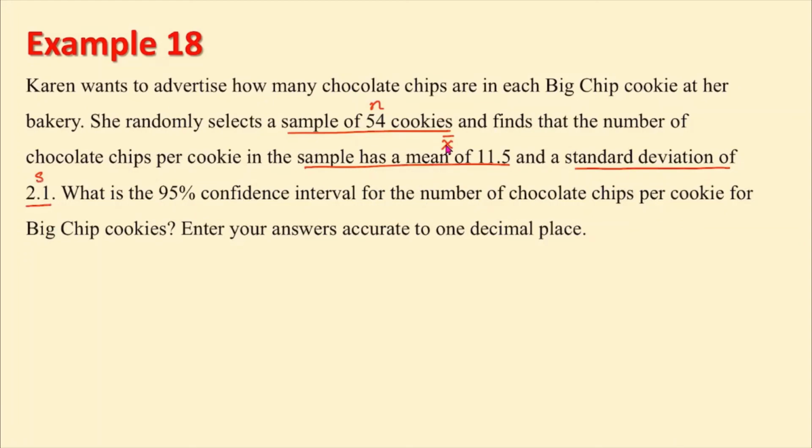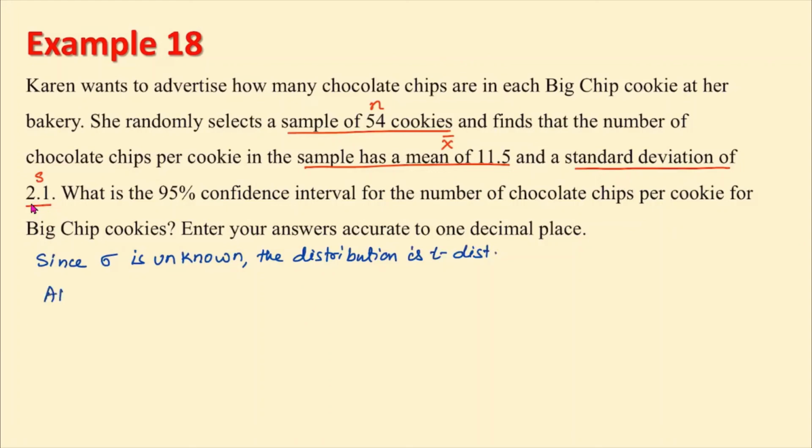Because we have the sample standard deviation, since the population standard deviation sigma is unknown, the distribution is the t distribution. That is something to note.